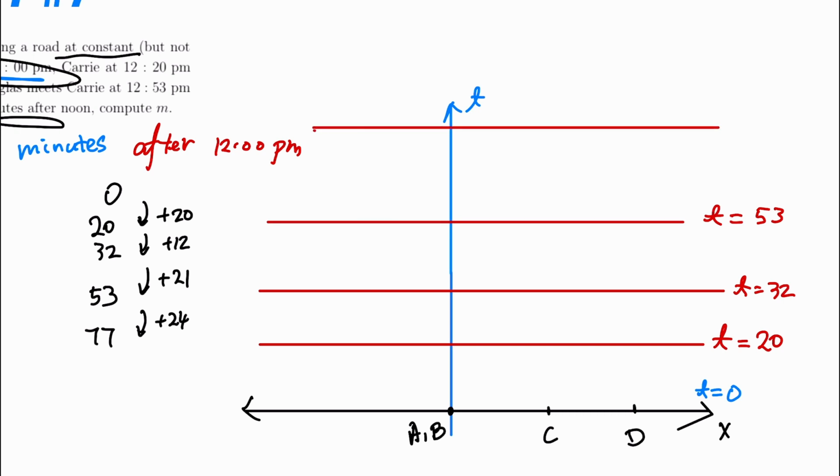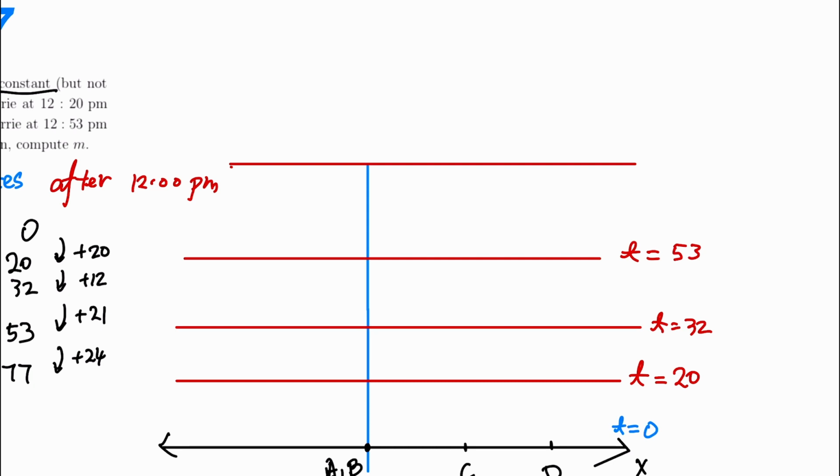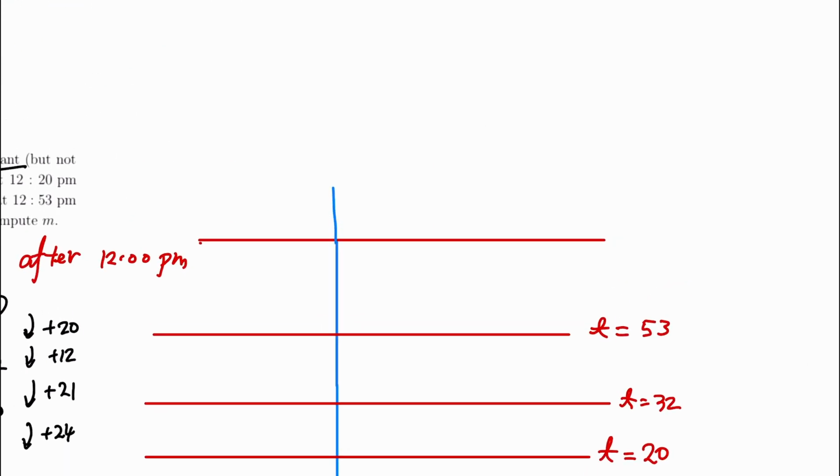And actually we need a little bit more space because I know that these two, B and C, will meet later in time.